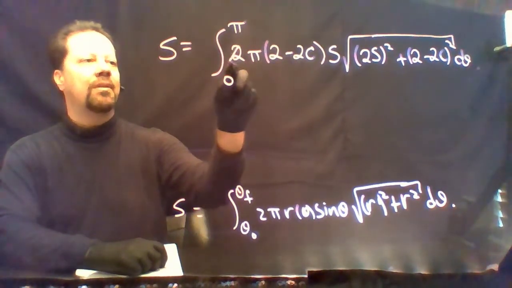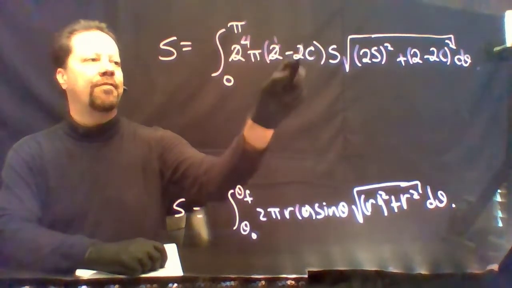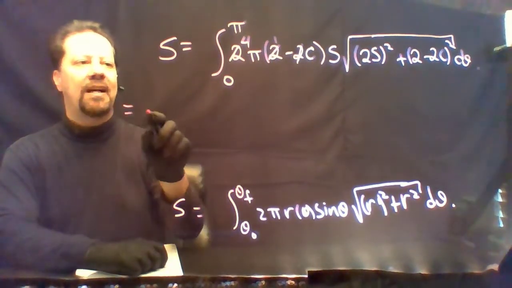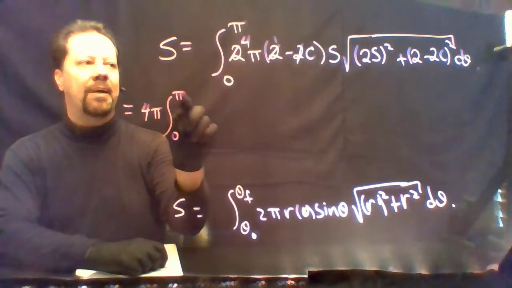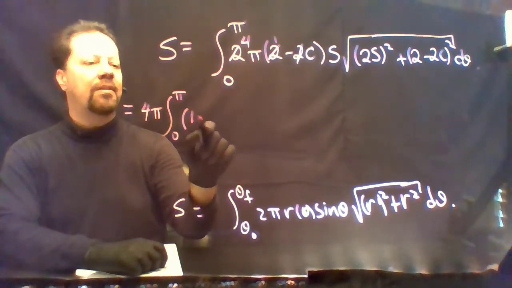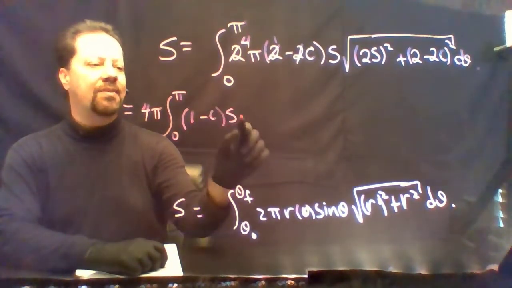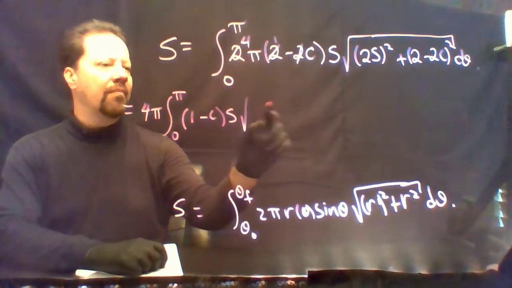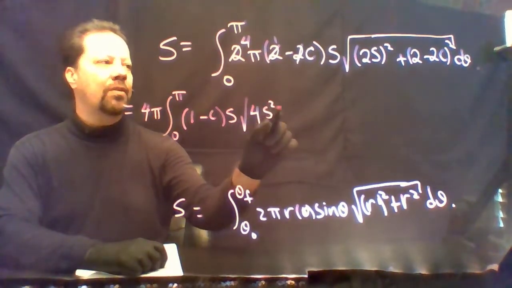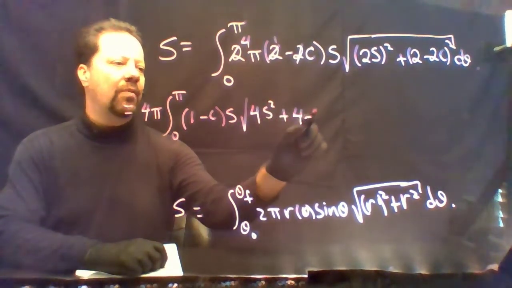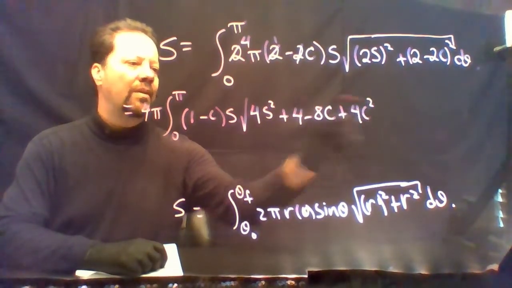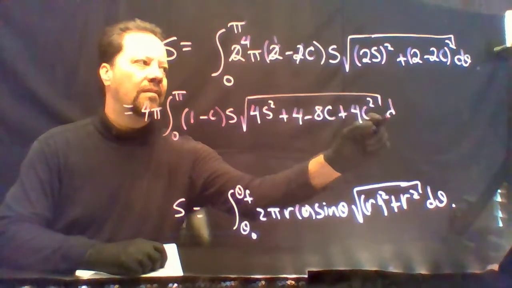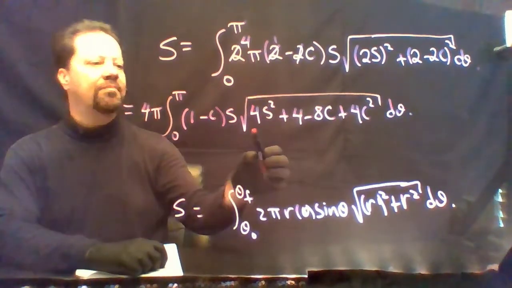This 2 can come out and make a 4. We'll have 4 pi, the integral from 0 to pi, of 1 minus cosine times sine, square root of 4 sine squared plus 4 minus 8 cosine plus 4 cosine squared d theta.